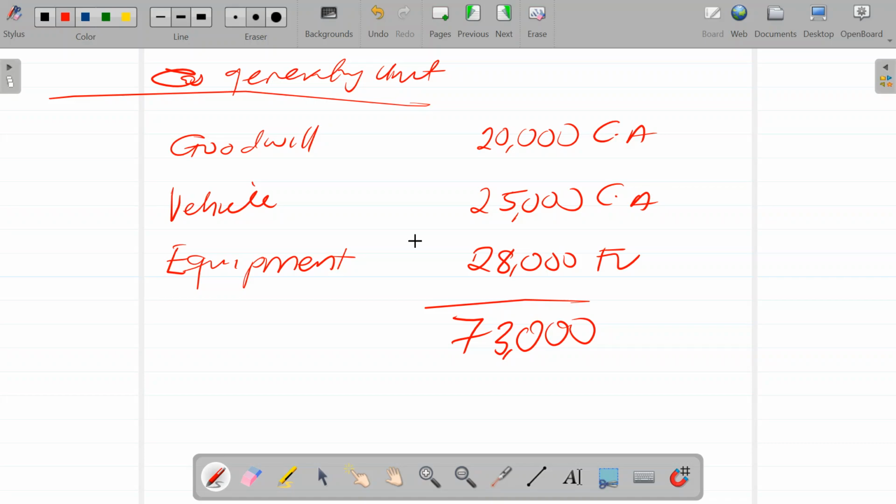So this is the current amount of this cash generating unit. Now we are told that this cash generating unit has been impaired, and now the new amount is, let me say, 65,000. So this is the recoverable amount.